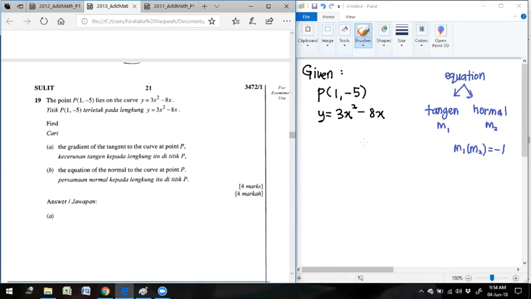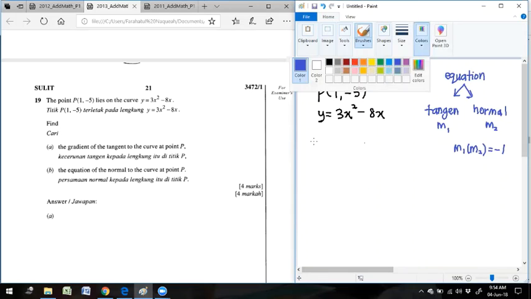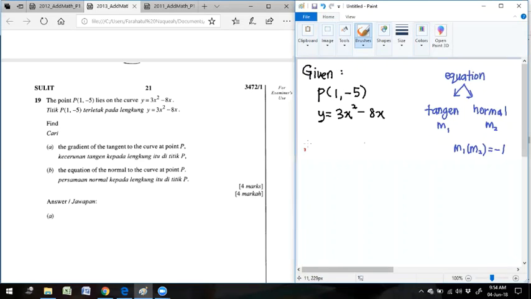Okay, next they ask for the gradient of the tangent. The gradient we take directly from the equation by doing dy/dx. So this will be A, the gradient of tangent.